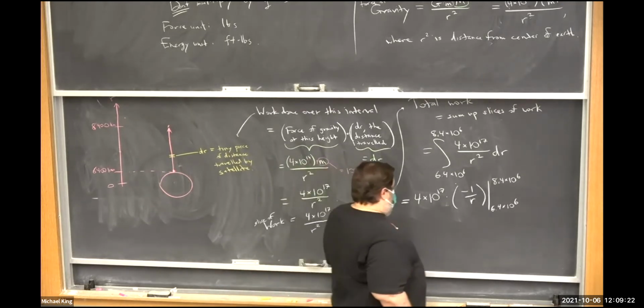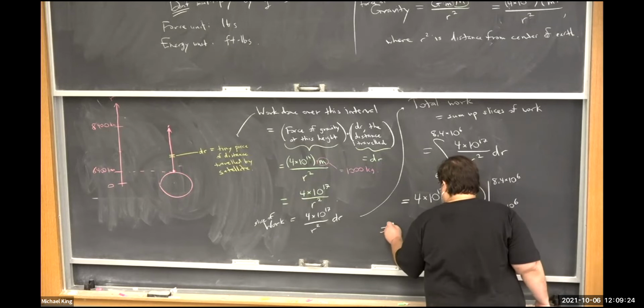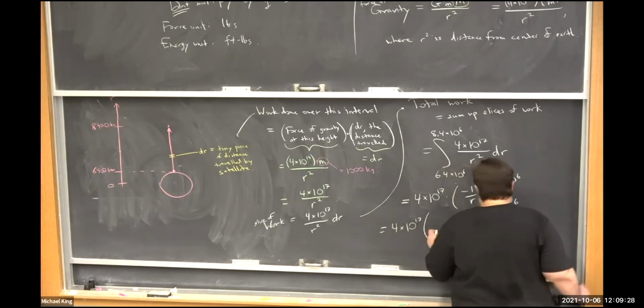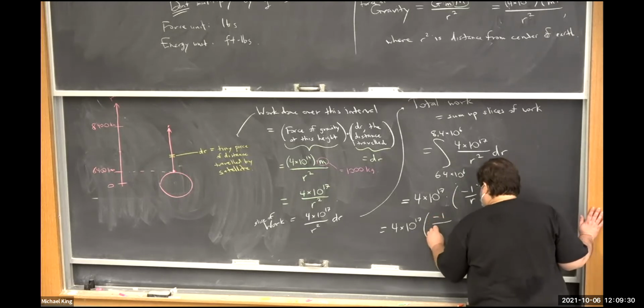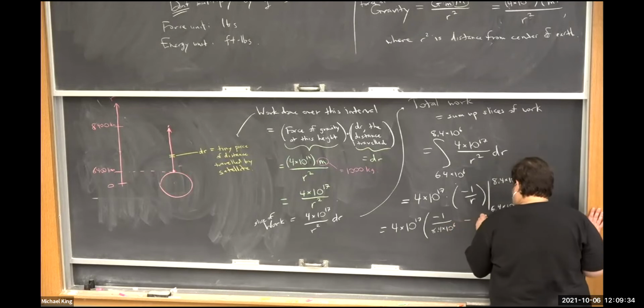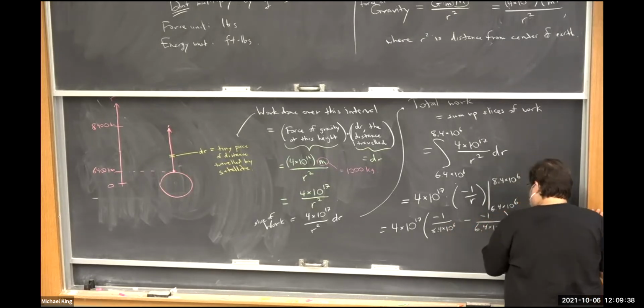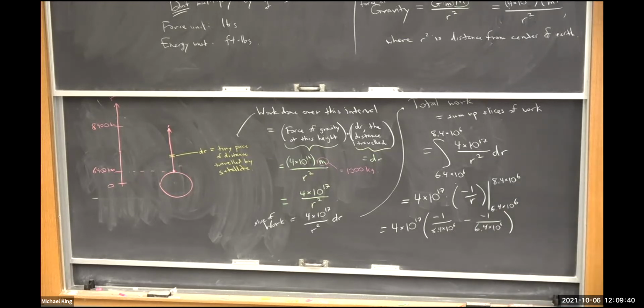Okay, so this is 4 times, let's see if we get a positive number, because that's the first thing. -1 over 8.4 times 10 to the 6th minus -1 over 6.4 times 10 to the 6th. Are we going to end up with a positive number?